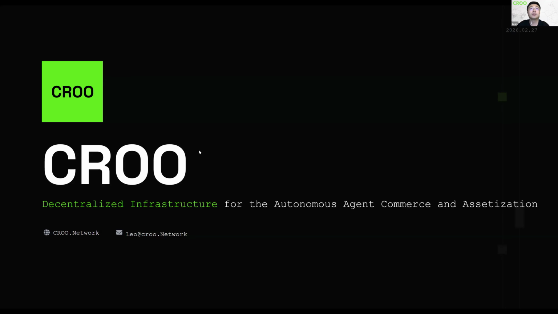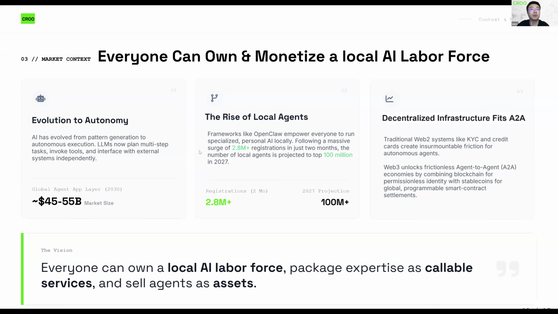I'll start directly with what we are building. As we shared last time, right now everybody can build agents themselves. We saw the trend of thousands of developers building tens of thousands of different agents, initiating workflows, doing research, making content and everything.